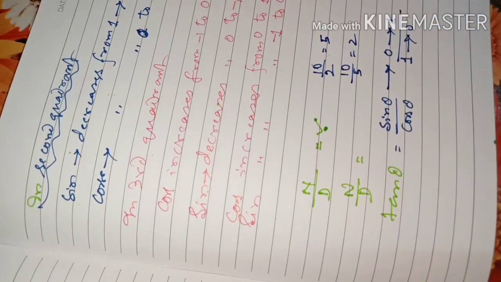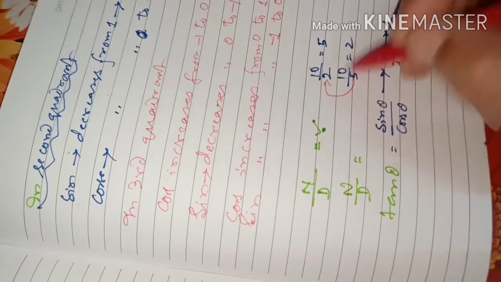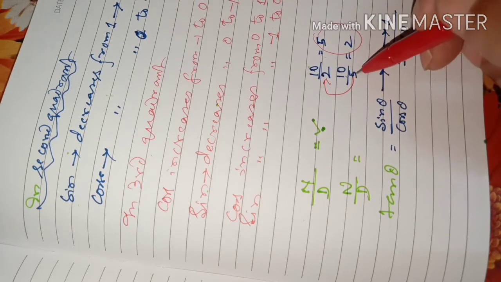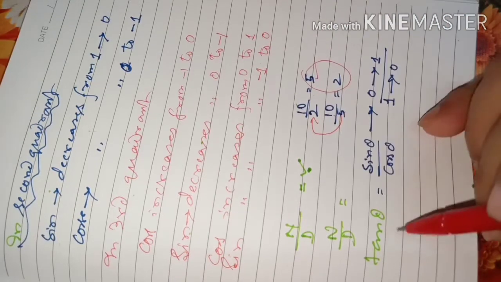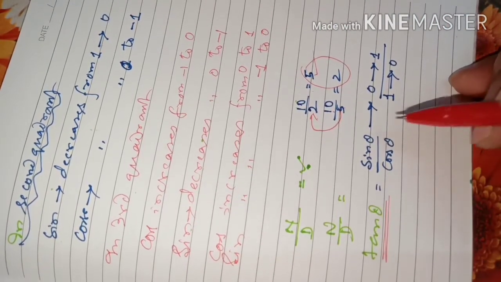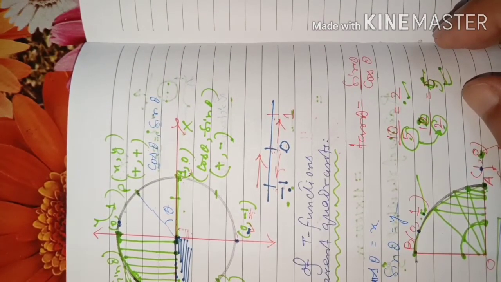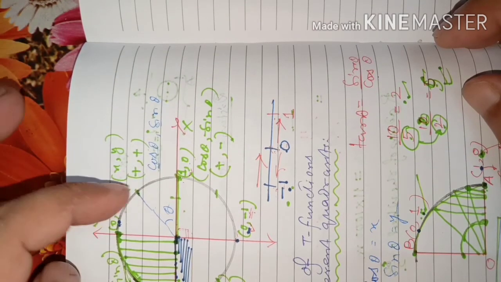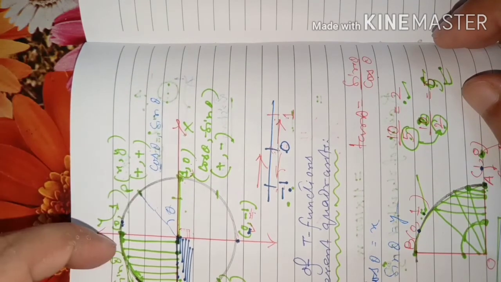So when the denominator decreases, if the numerator is kept fixed, the result increases. So what is the behavior of the tan ratio in the first quadrant? Is it going to increase or decrease? The tan ratio is going to increase, because sine is increasing from 0 to 1 and cos is decreasing.